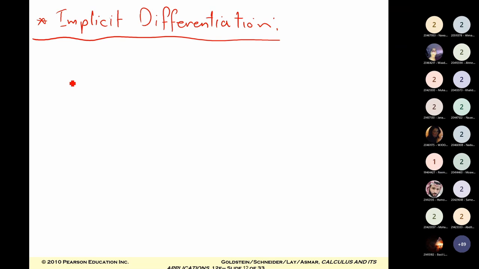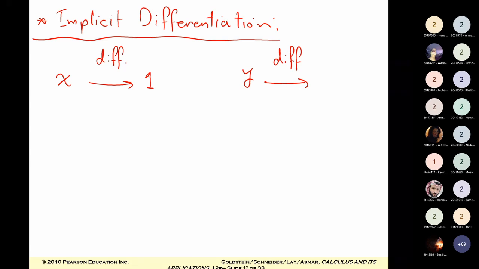Okay, when we find the derivative of x, what's the derivative of x? Differential of x equals what? Equal 1. Good. Now, if we have y, what's the derivative of y? One. Okay, 1.